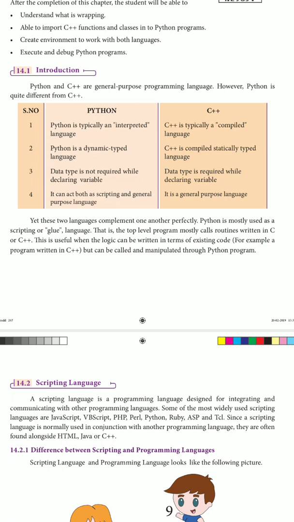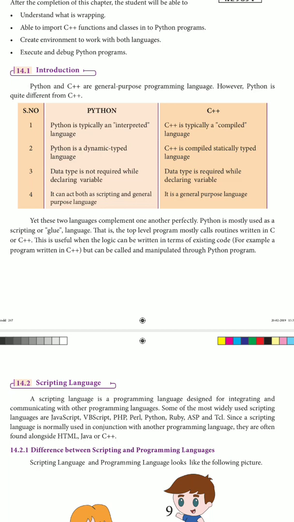Python is mostly used as a scripting language or glue language. This is the top level program, mostly called routine, written in C or C++. This is useful when the logic can be written in terms of existing code.